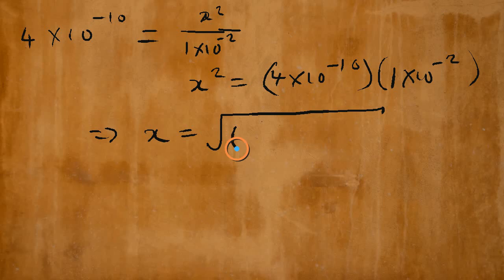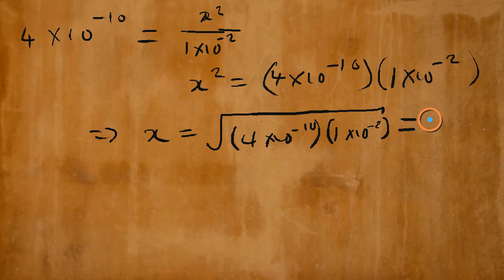And so when we do this, it's going to be 4 times 10 to the negative 10 all multiplied by 1 times 10 to the negative 2. So let me do that on my calculator. 4 times 10 to the negative 10 multiplied by 1 times 10 to the negative 2. And the result can simply be written in scientific notation as 2.00 times 10 to the negative 6.